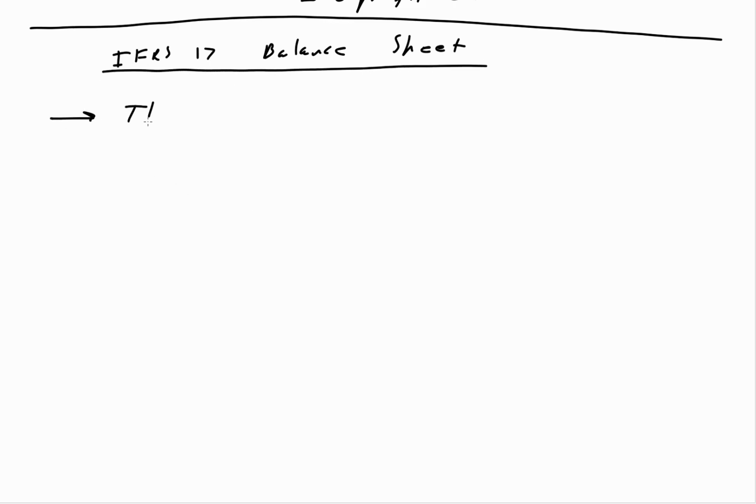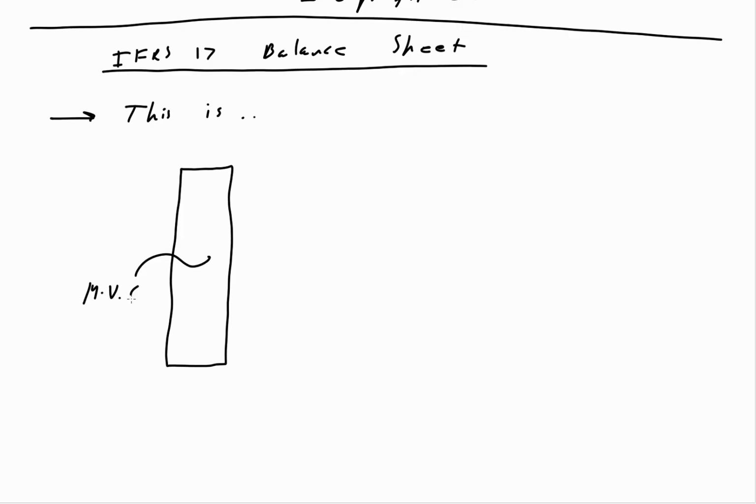Okay, let's draw one of these rectangle type diagrams. So this first rectangle on the left hand side here is market value of assets. So that's very similar to Solvency II.